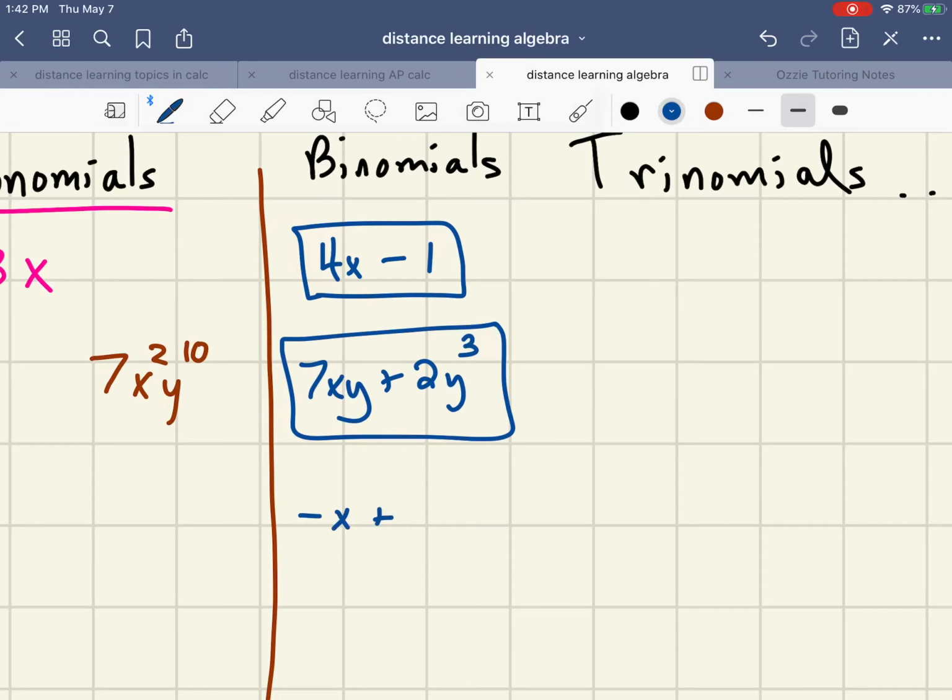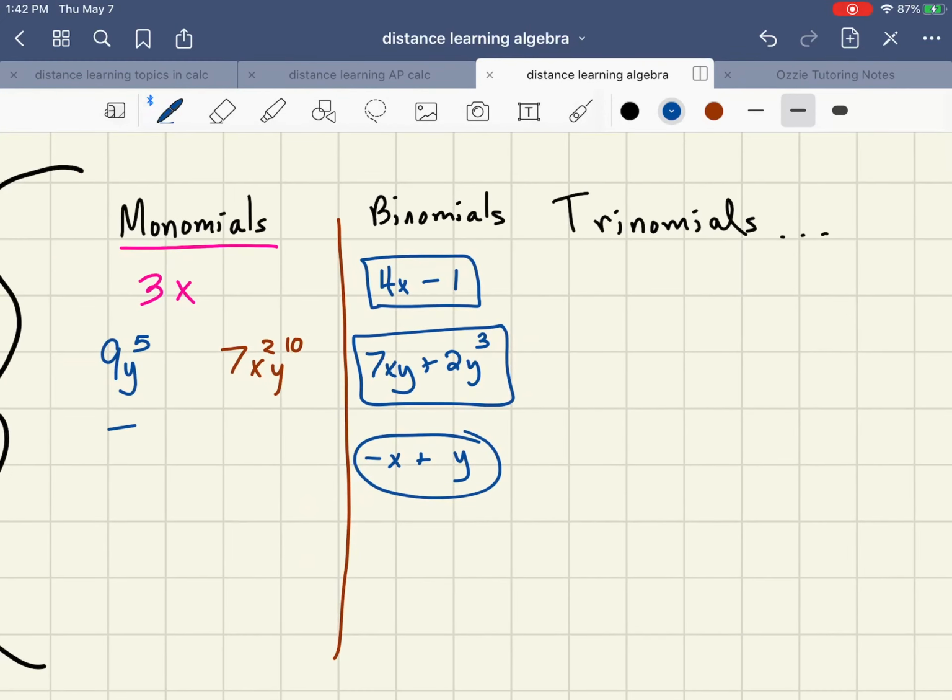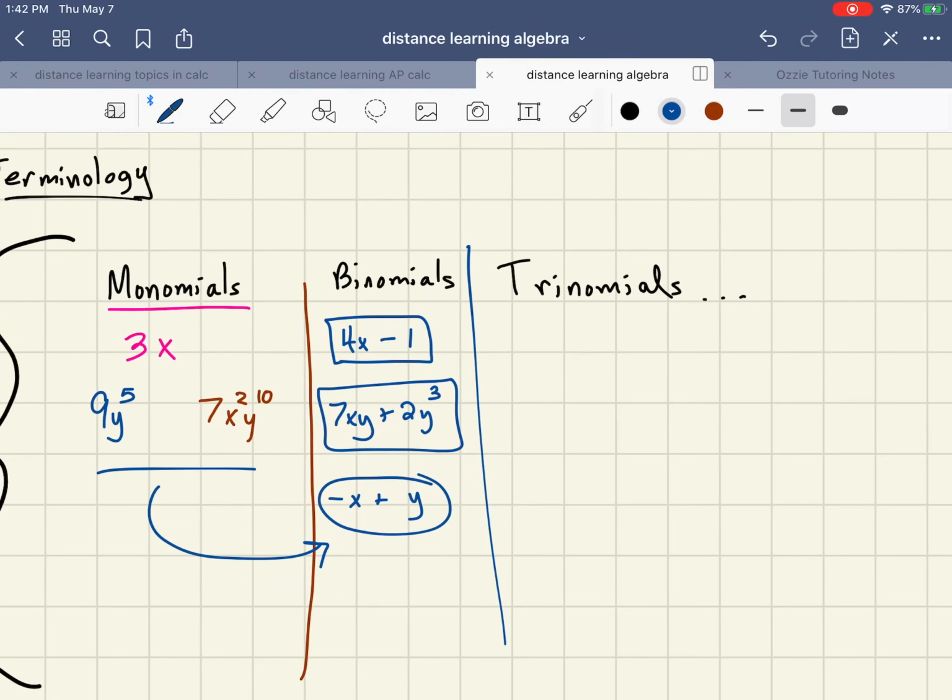Negative x plus y, also a binomial. The difference between a monomial and a binomial is that there are two monomials in a binomial, which probably now allows you to figure out quickly what a trinomial is.